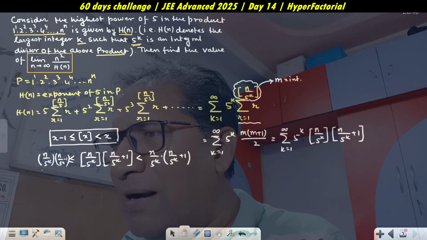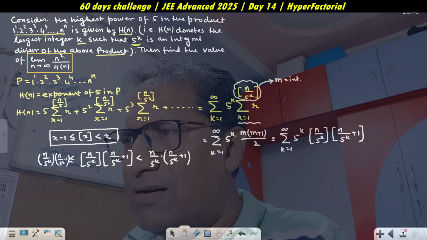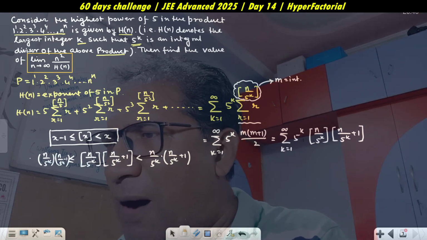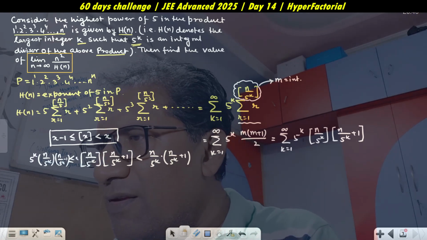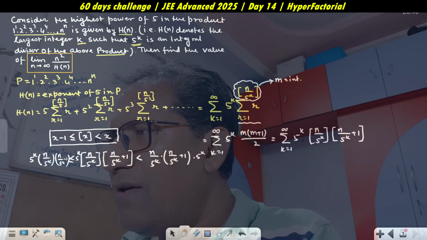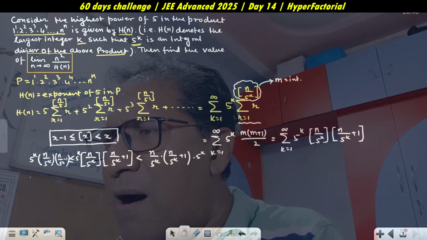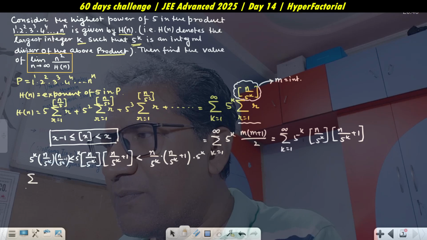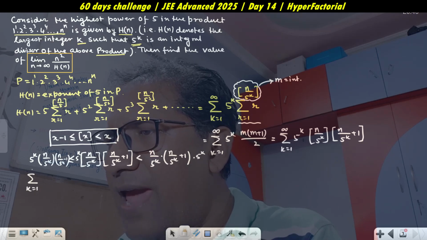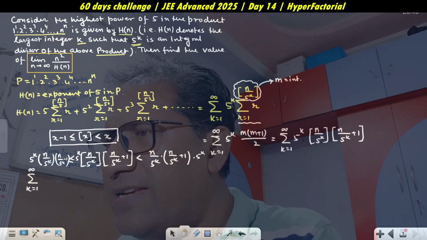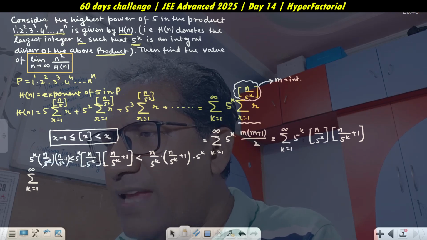Now, I am multiplying all the sides with 5 to the power k. And now I am taking sigma on both sides, sigma k from 1 till infinity. See one thing, 5 to the power k will be cancelled.